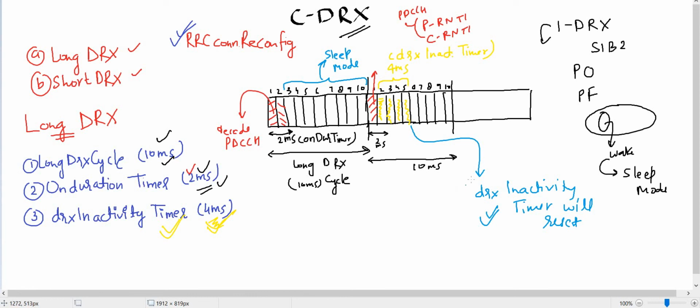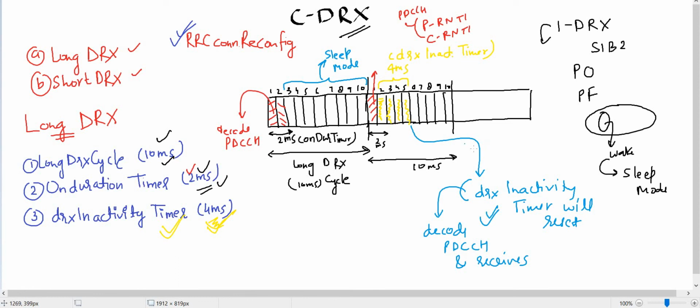Why? Because during the DRX inactivity timer, the UE will decode the PDCCH and receive data. If again, let's say for four subframes, 7, 8 and 9, the DRX inactivity timer is started again, the UE will decode the PDCCH, receive the data, and if incoming data is still coming, this situation will continue.